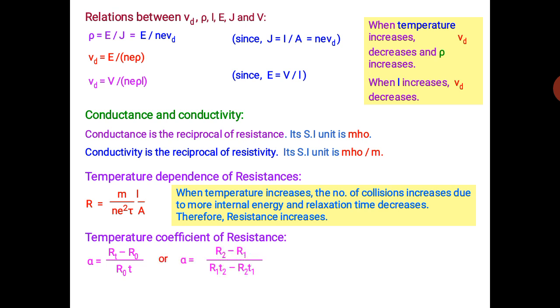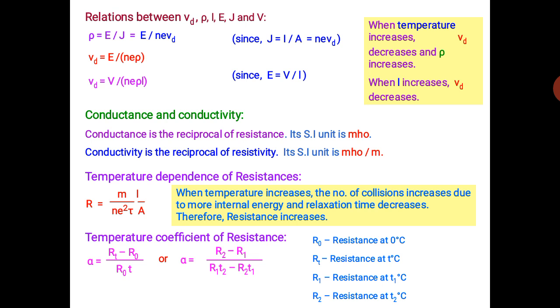or for two different temperatures T1 and T2, with corresponding resistances R1 and R2, we can write alpha as R2 minus R1 upon R1 T2 minus R2 T1, where R0 is the resistance at 0 degree centigrade, RT is the resistance at T degree centigrade.